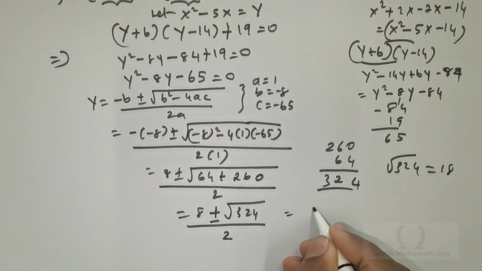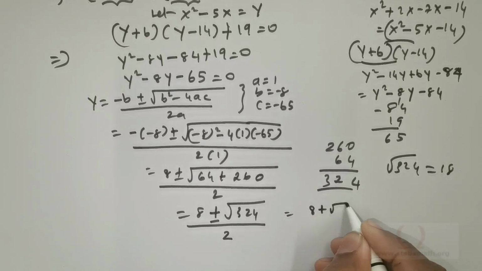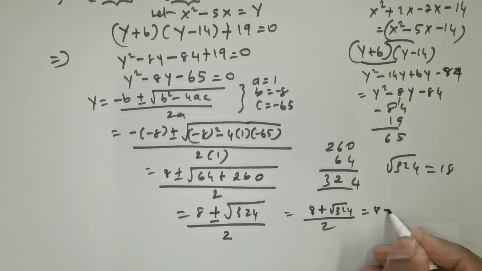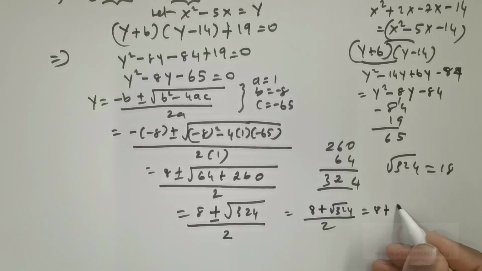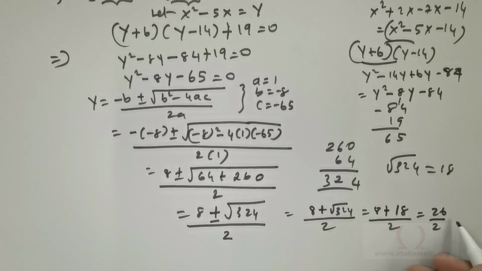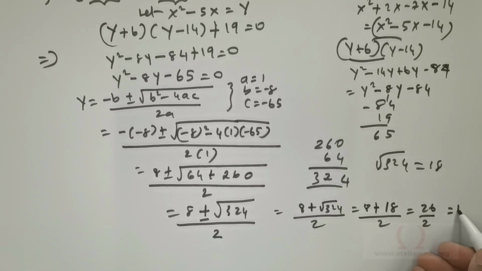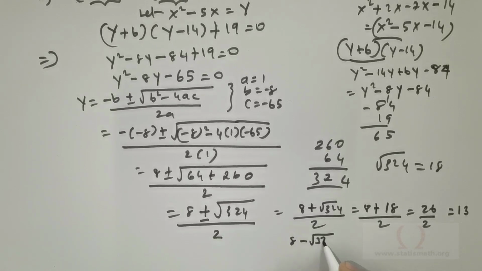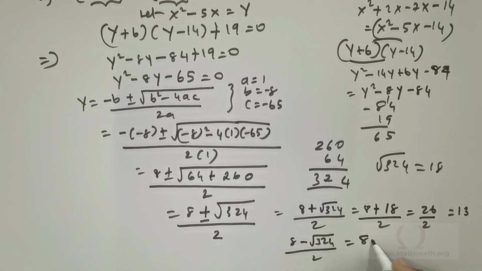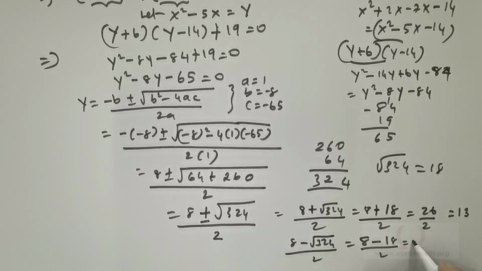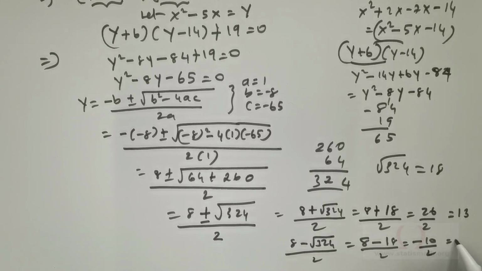So 8 plus or minus 18, I would have two values. First value, taking positive 18: 26 divided by 2 gives me 13. Next, 8 - 18 divided by 2 is -10 divided by 2, which is equal to -5.